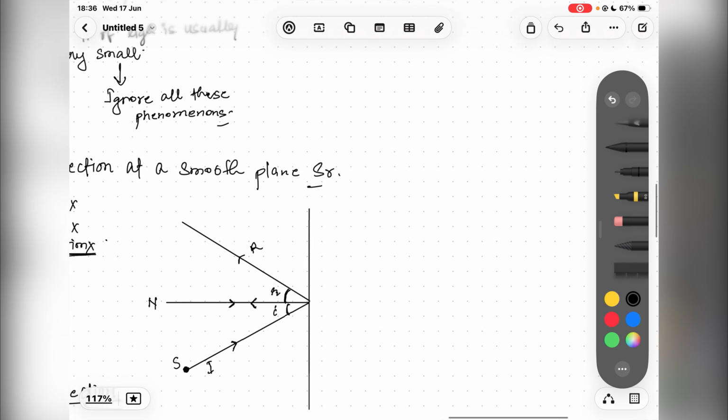So the first law says that angle I is equal to angle R, and we do not need to prove it because it is proven practically. The second law says that the incident ray, the normal ray, and the reflected ray all lie in the same plane.